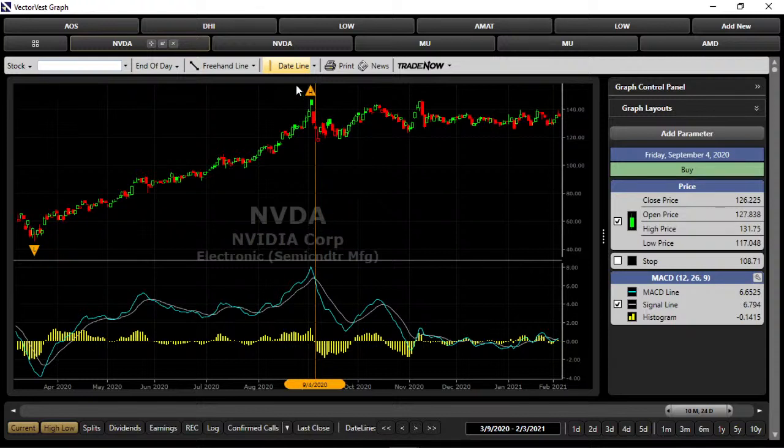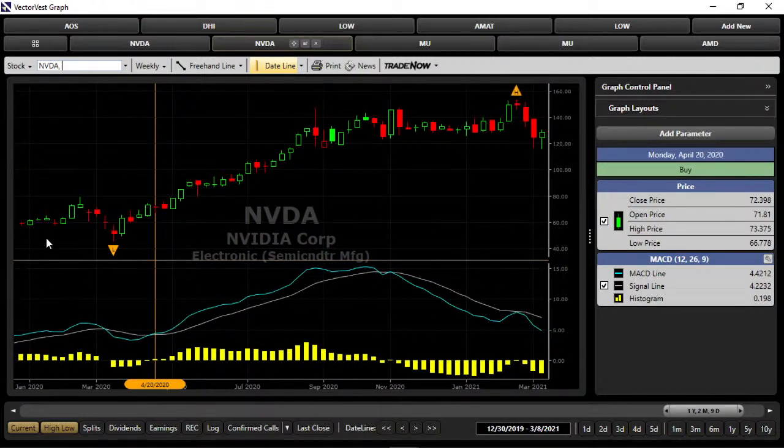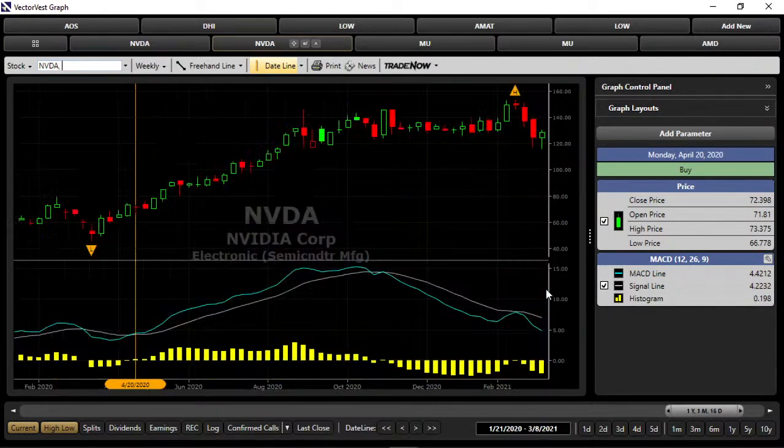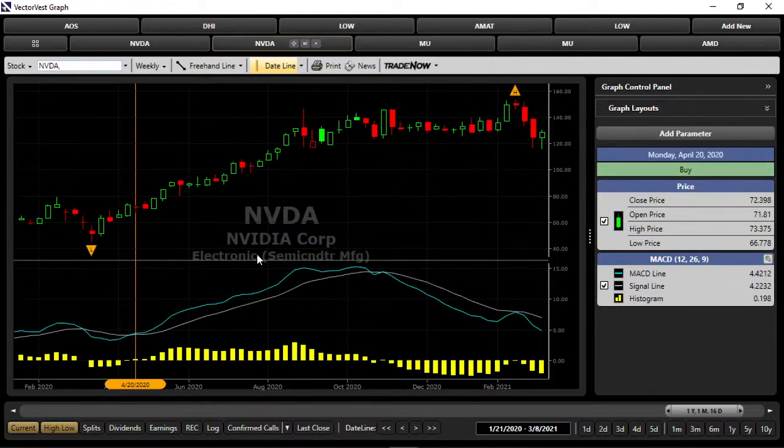Okay? What I want to show you now is a weekly chart of NVIDIA over the same time frame. Basically, we're looking at January of 2020 to February of 2021, basically the same time frame. But now we're looking at a weekly chart.